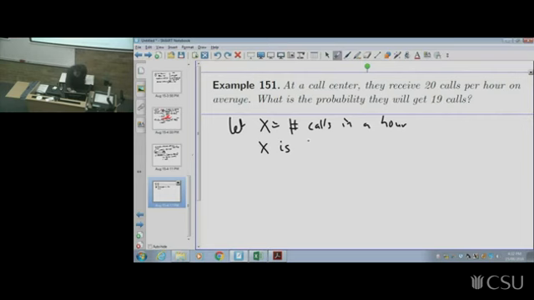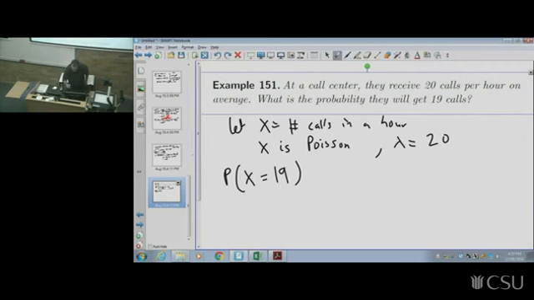It's a Poisson distribution. And the average, which I normally call lambda, is the traditional letter for the average of this distribution. What's the average? 20. X is Poisson. So we want to know the probability that X is 19, the number of calls we receive in the hour.